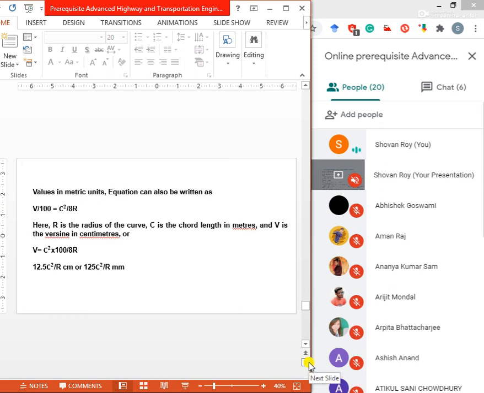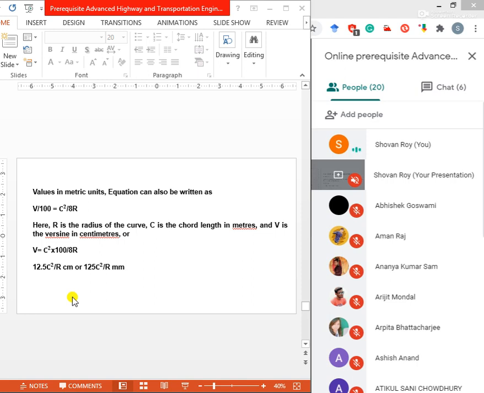Next, for values in metric units, for numerical calculation, as academic persons, you are also part of the academics. So in academia we normally use the metric units.